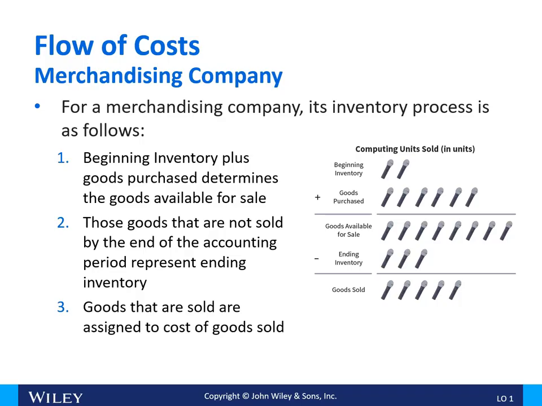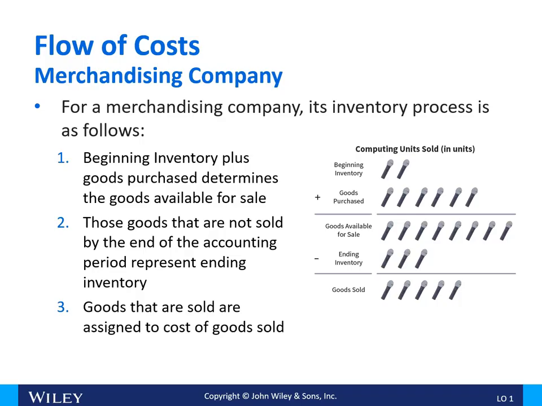So, a simple one is if you have what's available and you subtract your cost of goods sold to get your ending inventory, that's an easy one that you can swap out. So just be aware that this formula you're going to see either exactly like this or similar ones in the future.